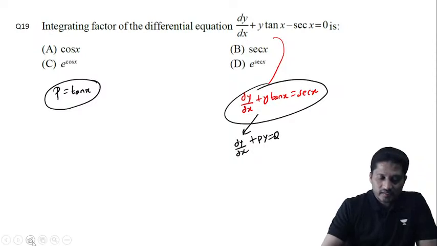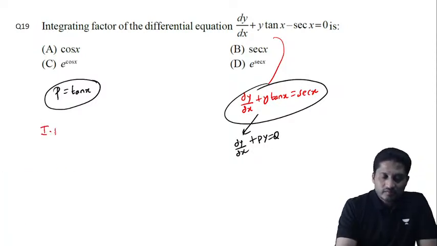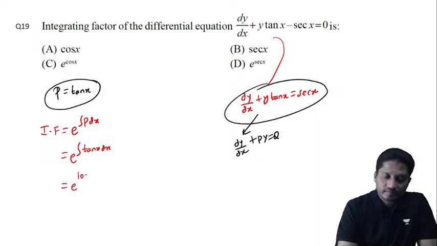P is equal to tan x. Now IF is equal to e power integration of p dx, e power integration of tan x dx. Integration of tan x is log sec x, right? And e power log sec x is only sec x. Answer is option B.